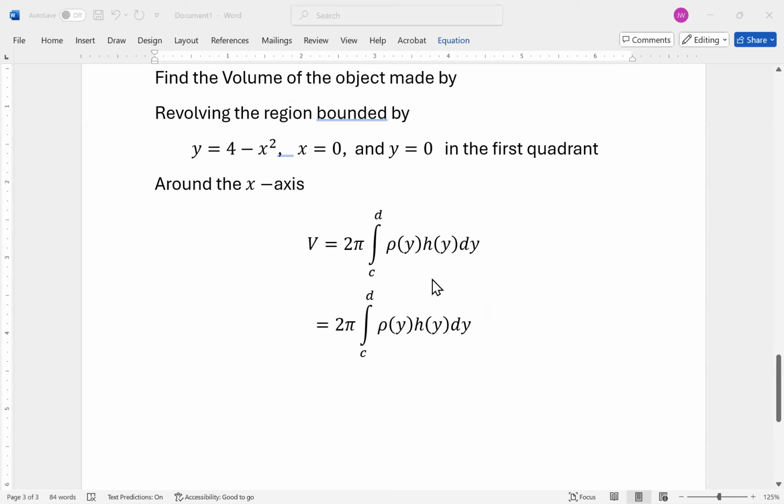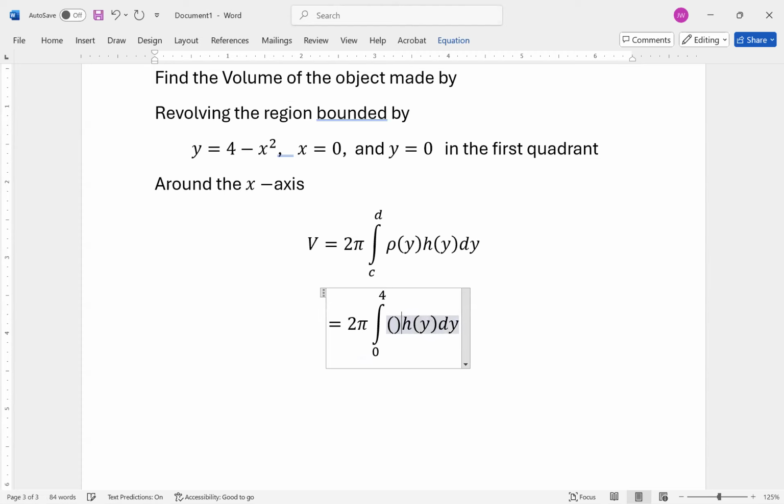I'm ready to find the volume using the shell method now. Well, I'm almost ready. The bounds are y bounds, so they're going to go from 0 to 4. Those are the bounds of the region. My radius is going to go from an arbitrary y value to 0. That's basically arbitrary y value down to the line y equals 0, down to the x-axis.